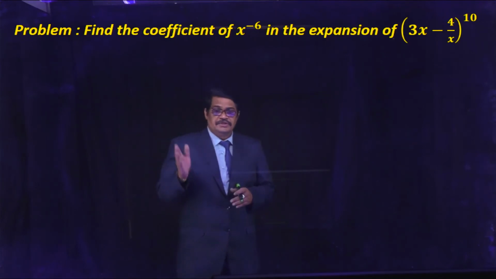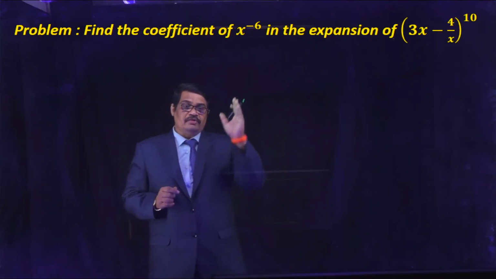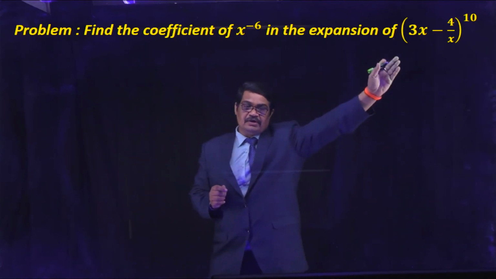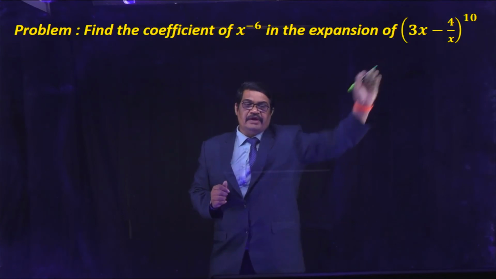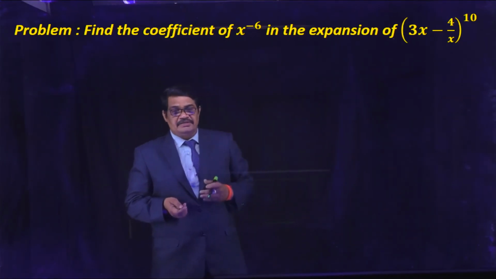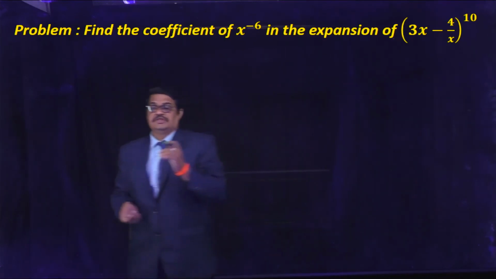See the problem. Find the coefficient of x to the power of minus 6 in the expansion of (3x minus 4 by x) whole power 10. Now we have to find the x power minus 6 coefficient in the given expression. See the solution.